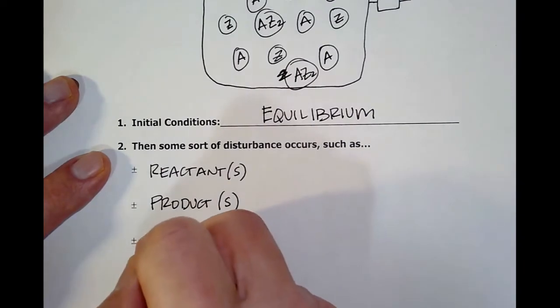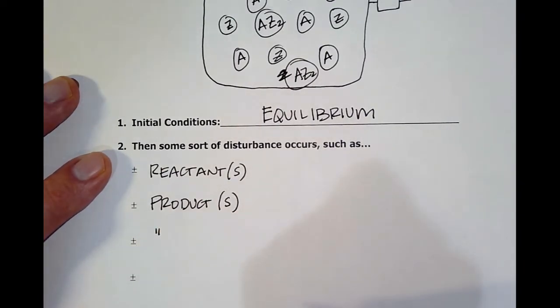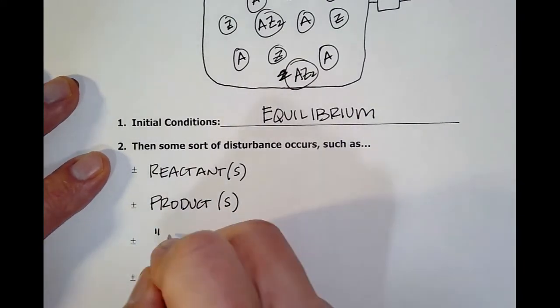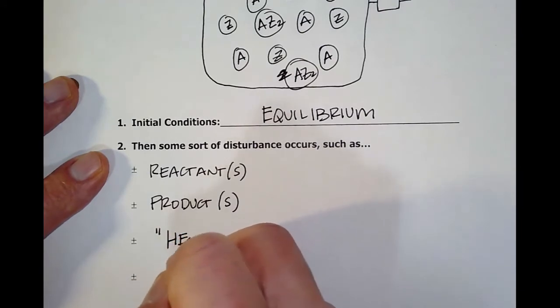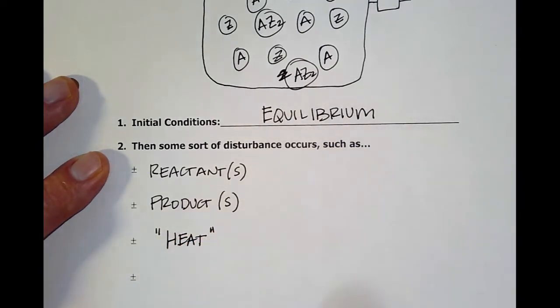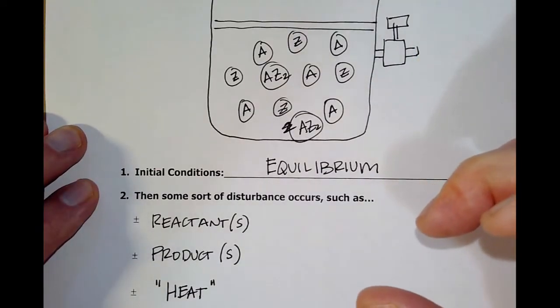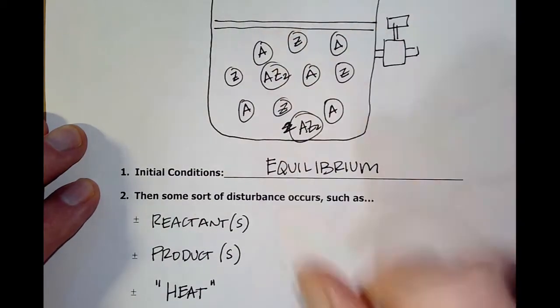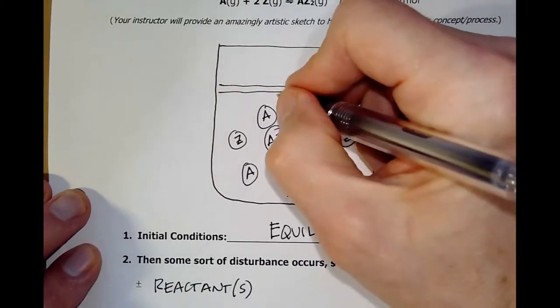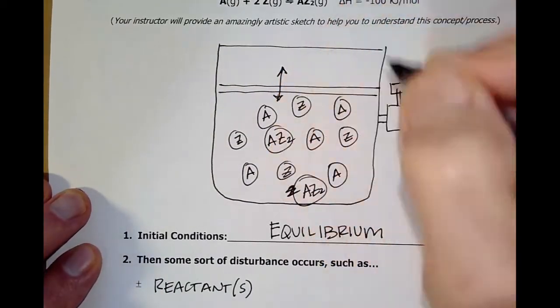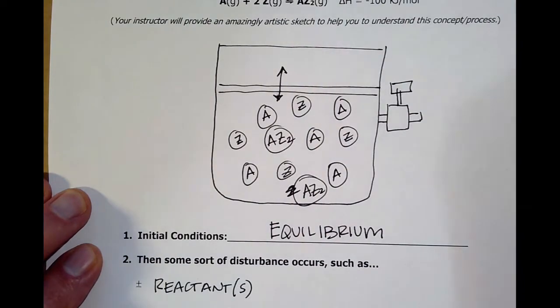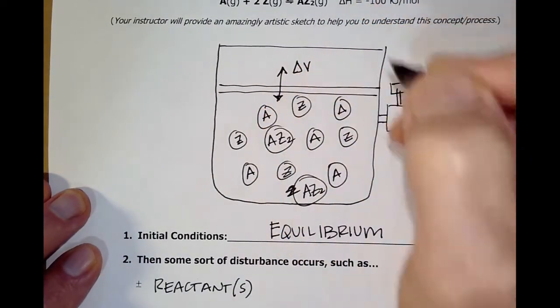I could change the temperature. The way I'm going to say that is I can add or remove heat. And lastly, I could squeeze this thing down or expand it by moving this lid up and down. That gives me a change in volume.